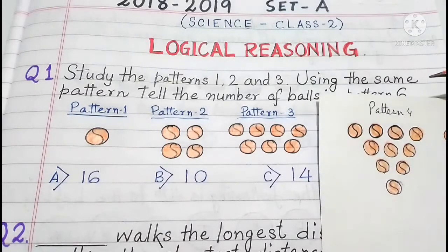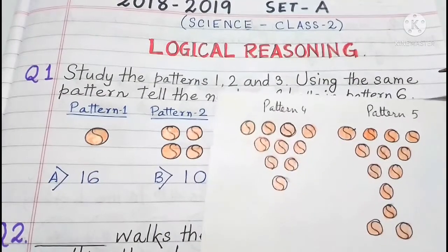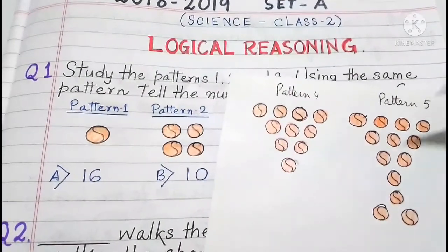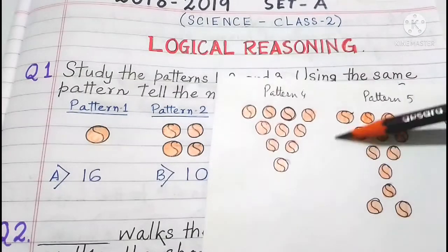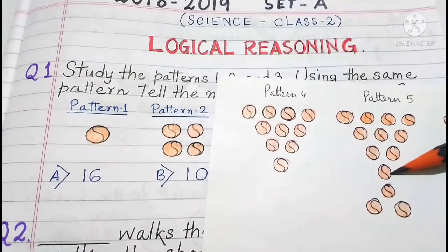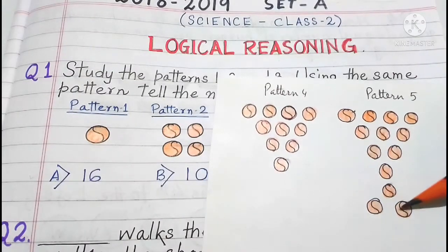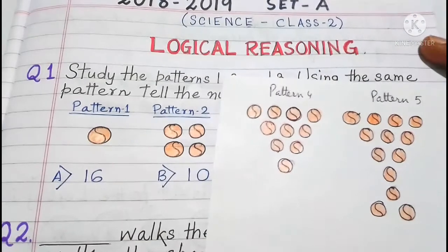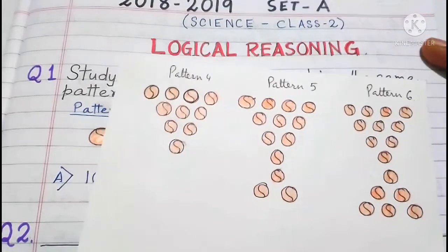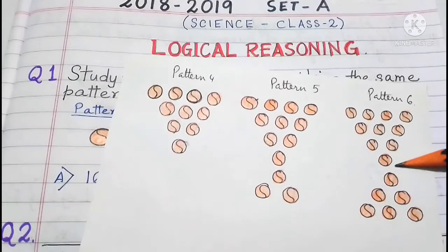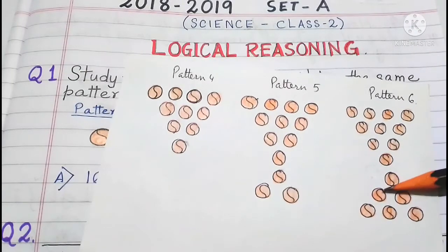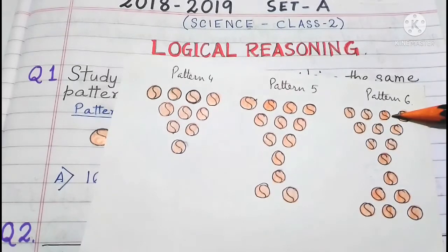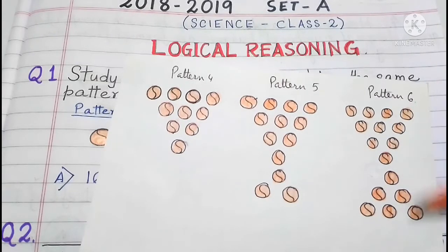Then pattern number 5 will have 3 more balls, that means 13 balls. Now pattern number 6 will have 3 more balls: 10, 11, 12, 13, 14, 15, 16. So pattern number 6 will have 16 balls altogether.